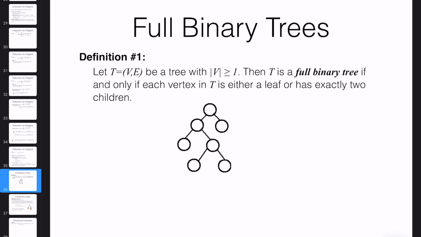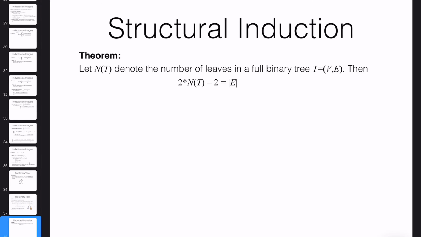The statement that I wanted to prove is this theorem. Assume you have a full binary tree, and n(T) is the number of leaf nodes in a full binary tree.